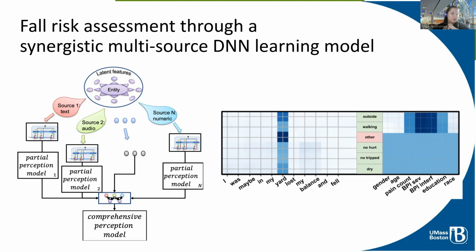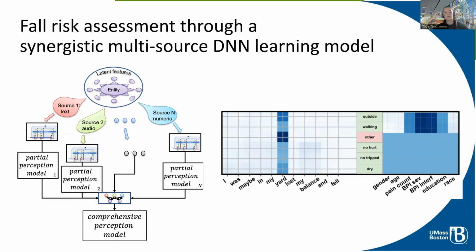So that's a serious problem, and the way we approached this task is, first of all, we worked in collaboration with our nursing department. They had already performed a study and collected some data, but that data was from different modalities. So it was text and numeric statistics, for example, gender, age, pain levels.